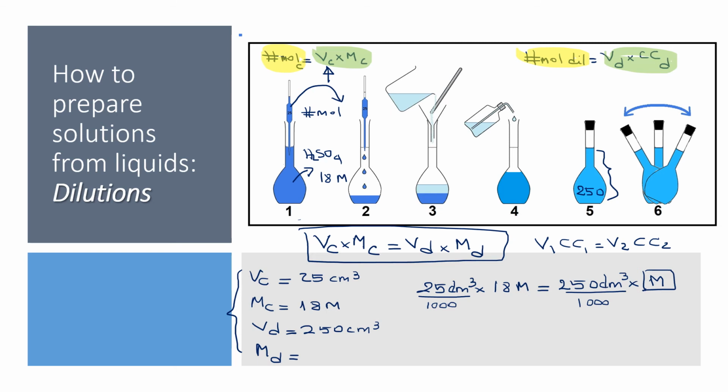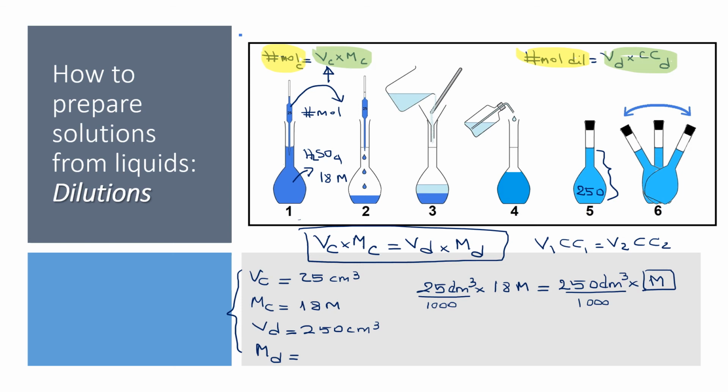But the problem is that the 1000s cancel, so it really doesn't matter if you work in centimeters cube or decimeters cube when you are talking about dilutions, unless you are calculating the volumes. You are going to obtain the volumes in the same unit that you used.